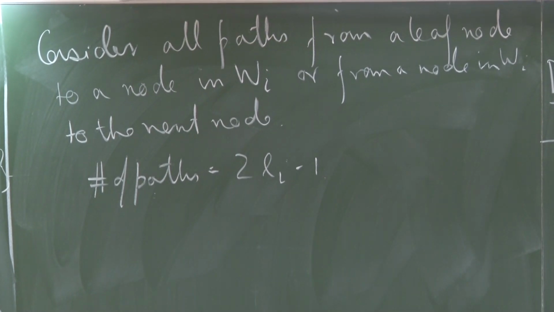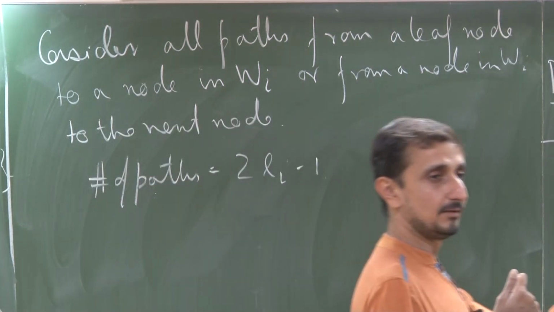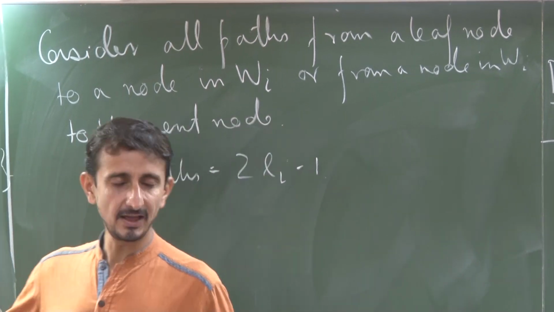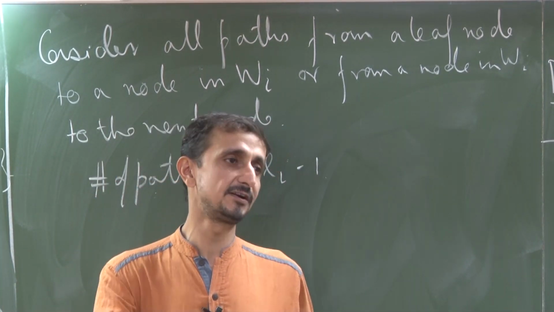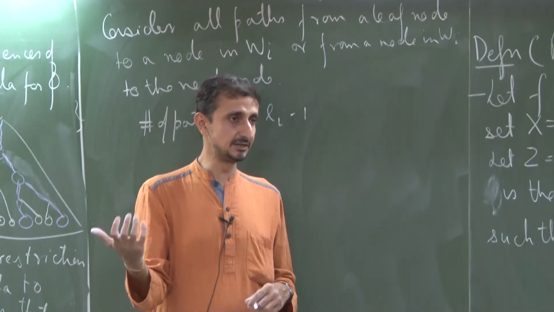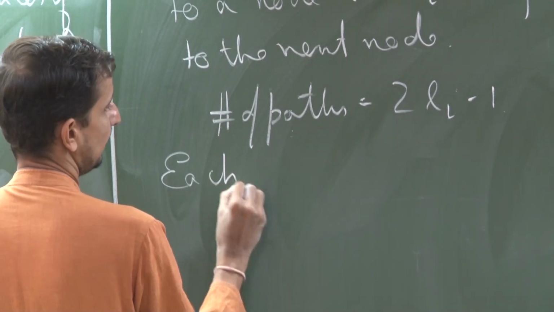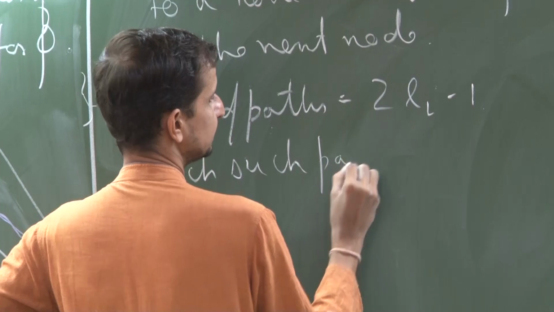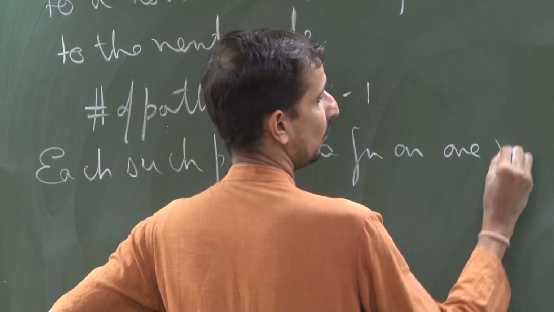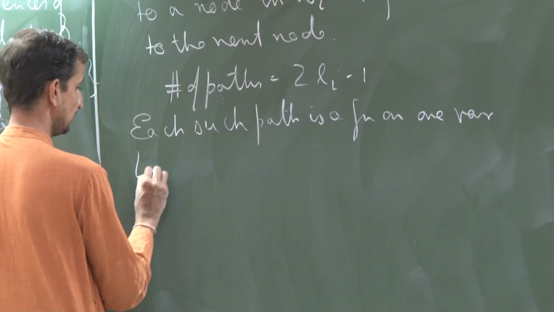And what is each path? Each path is a function on one variable, in the sense that each path takes a value and either outputs that same value, or outputs the negation of that value, or outputs 1, or outputs 0. There are 4 such functions on one variable.